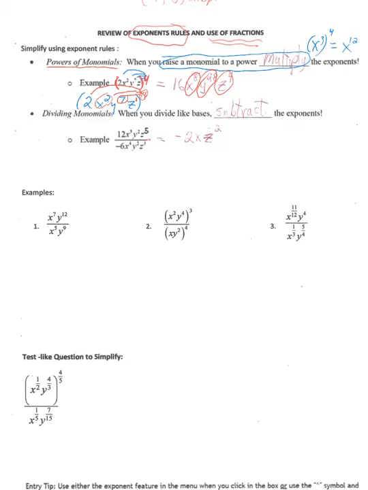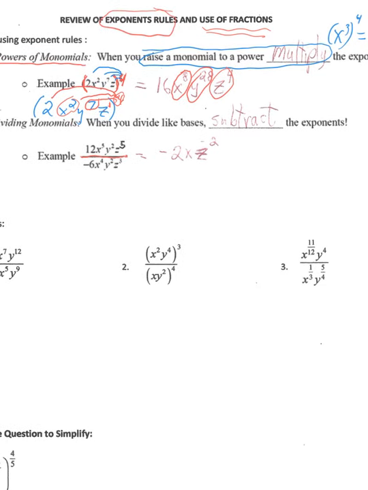If I have division between the two of them, I divide the numbers as usual, so 12 divided by -6 is -2. But when it's time to get the exponents on the variables, I subtract when I'm dividing.